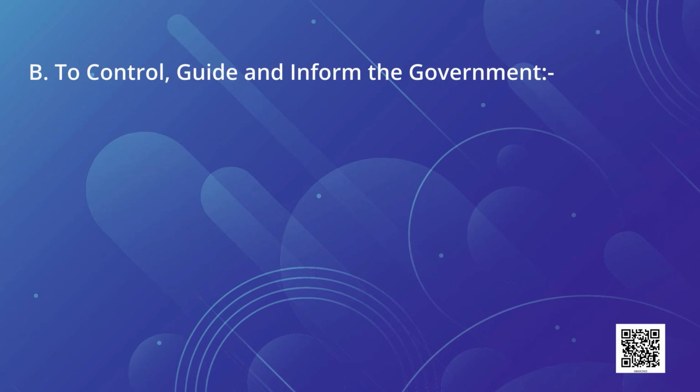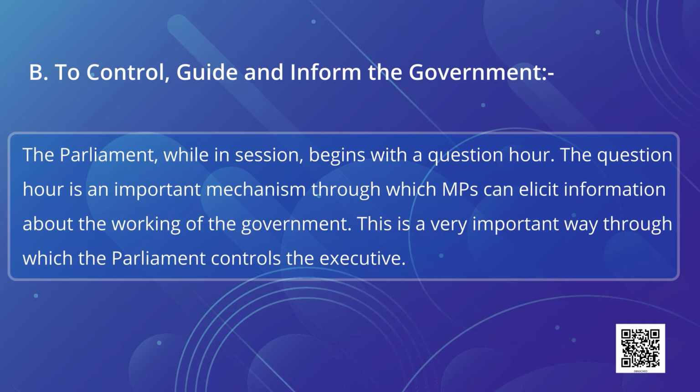Number 2. To control, guide and inform the government. The Parliament, while in session, begins with a question hour. The question hour is an important mechanism through which MPs can elicit information about the working of the government. This is a very important way through which the Parliament controls the executive.